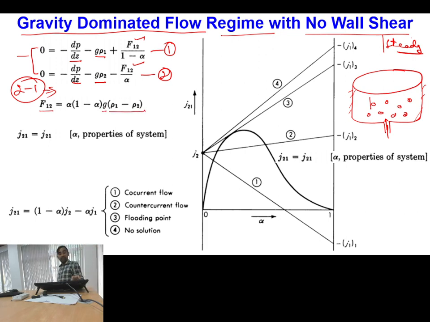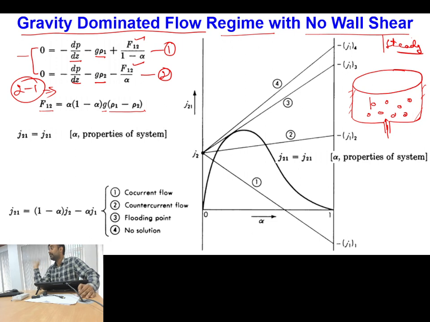So it means for these types of flows, your interaction force is majorly because of the balance of the interfacial drag and the weight and buoyancy forces. So the relative motion is only dependent upon the gravity term. Relative motion is not dependent on any other parameter.